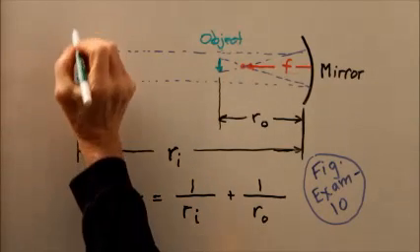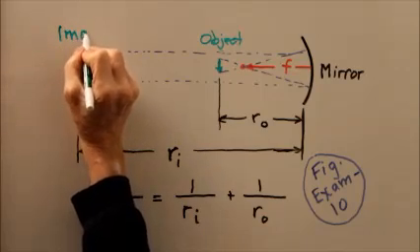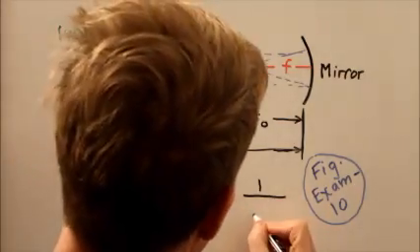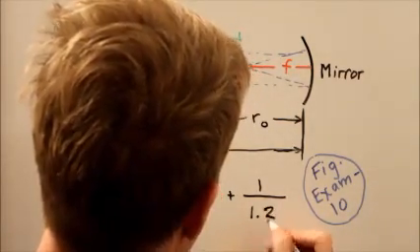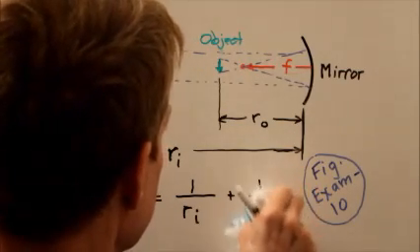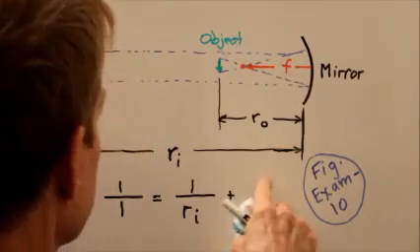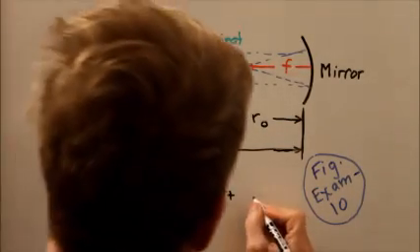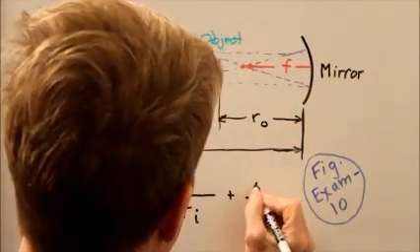Now this is the image in this initial situation. So this here is r sub i. But we do know r sub o. That's 1.2. Well, it turns out that 1 over 1.2 is equal to 5/6, because the ratio 1 to 1.2 is the same as the ratio of 5 over 6.